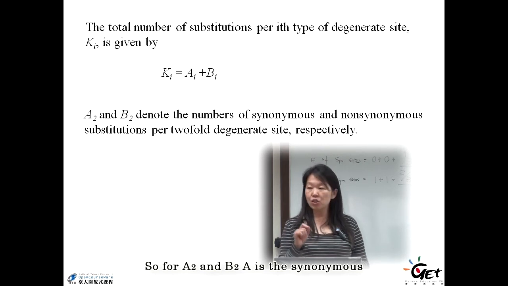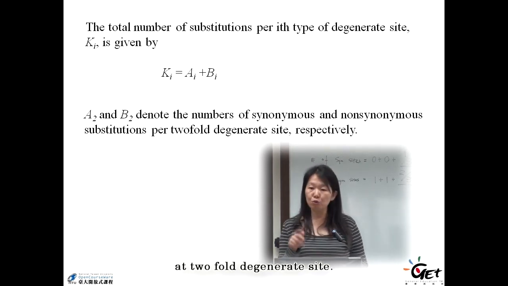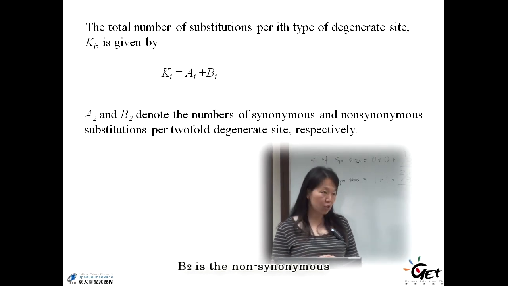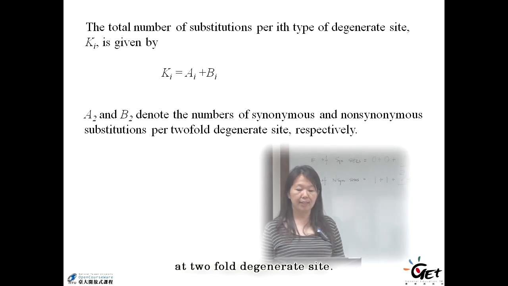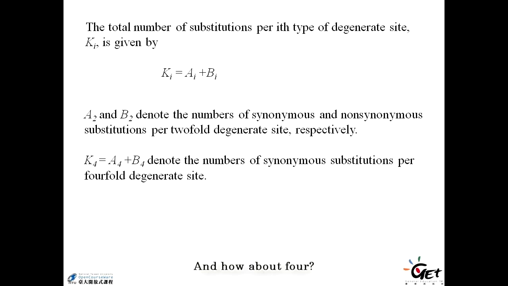For A2 and B2, A2 is the synonymous change at the 2-fold degenerate site, and B2 is the non-synonymous change at the 2-fold degenerate site. And how about 4? Of course, you can calculate A and B, transition and transversion. But this is rather simple, because any change at a 4-fold degenerate site is synonymous.